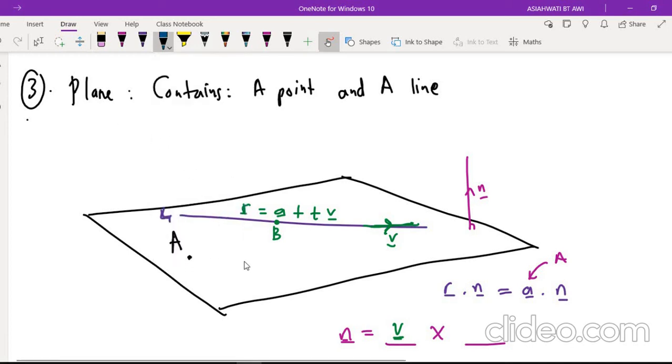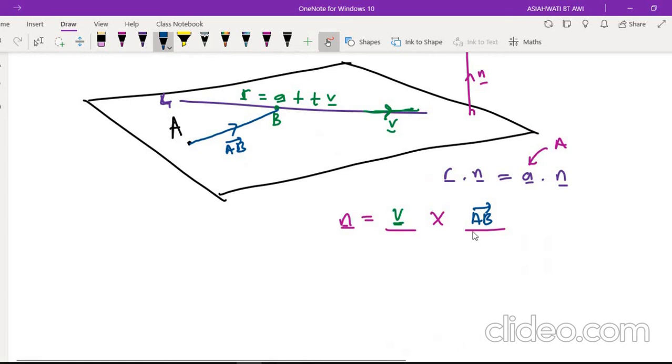There is no given vector, but the info is that point A lies on the plane, and coordinate B lies on the line and also on the plane. So join the two points to get vector AB. When A and B lie on the plane, vector AB also lies on the plane. Do a cross product between vector V and vector AB to get vector n, which is perpendicular to the plane, then substitute and find the vector equation of the plane.